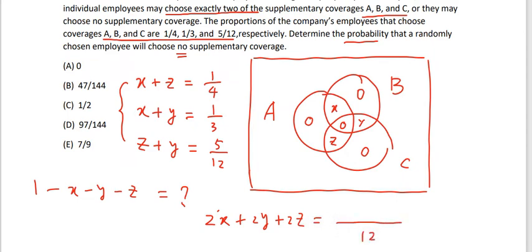Add them up and they equal 1. Right? So X plus Y plus Z equals half. So the answer is half.